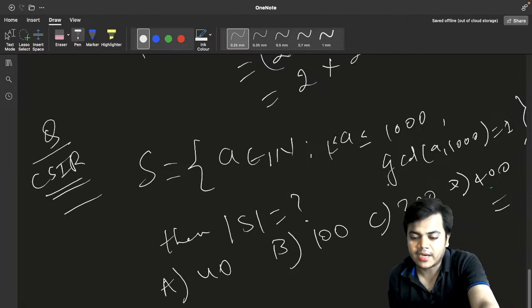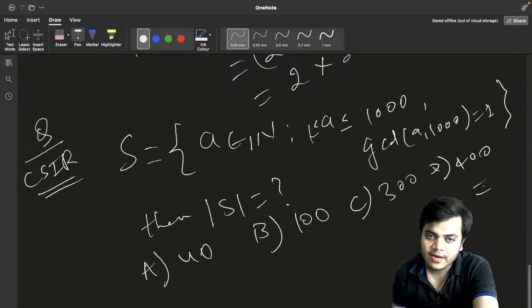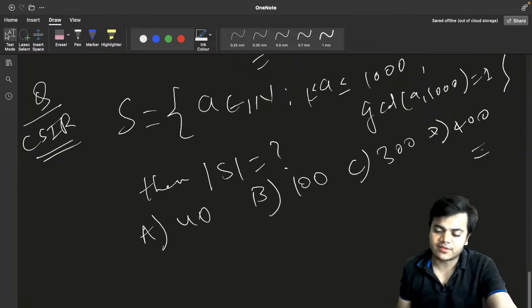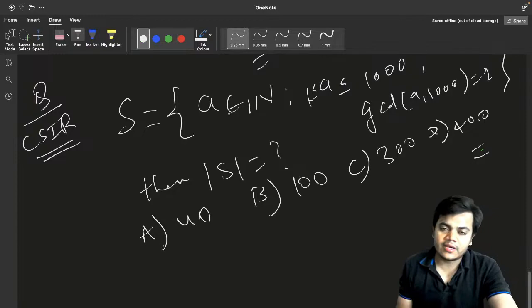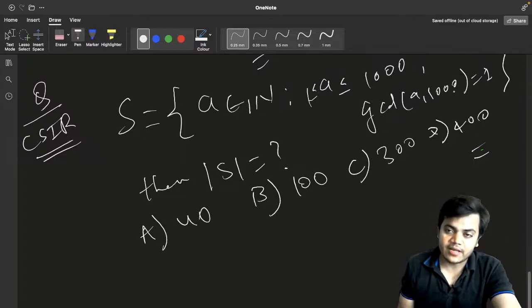Okay, so certainly Euler's phi function will help you over here, but how? You just need to say about it. If anybody is there, then certainly they are welcome to speak. If the given S is: A belongs to N, A lies between 1 to 1000, GCD of A and 1000 is 1. I mean to say you have to take the collection of co-primes with 1000.